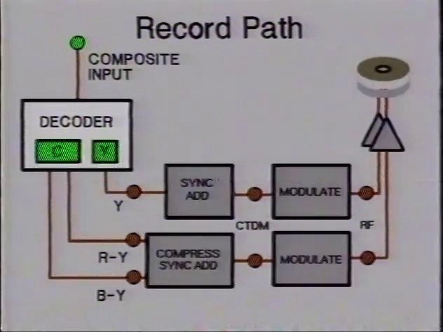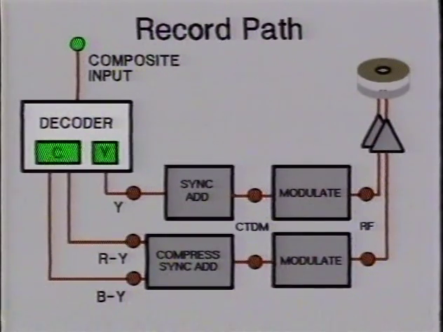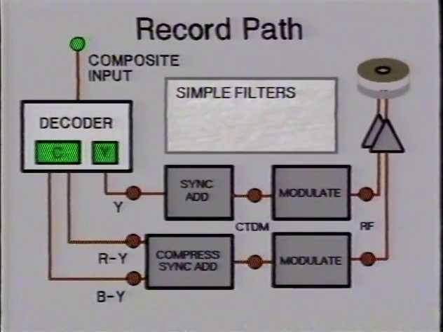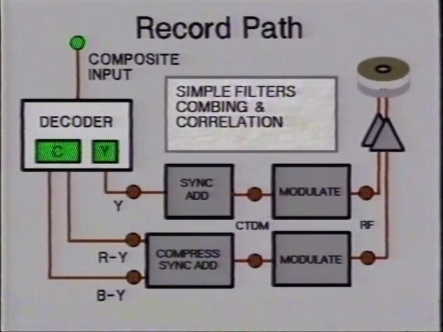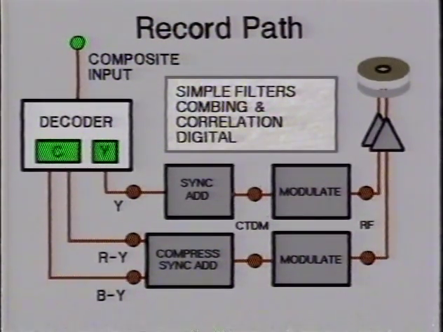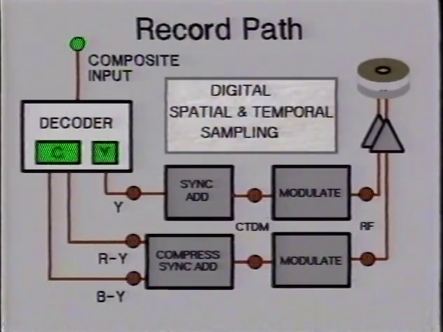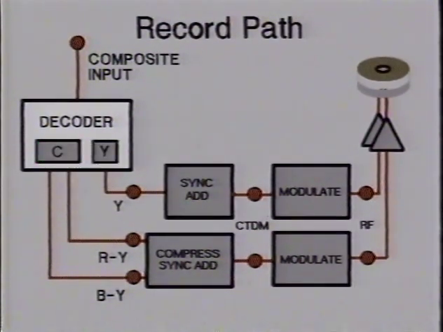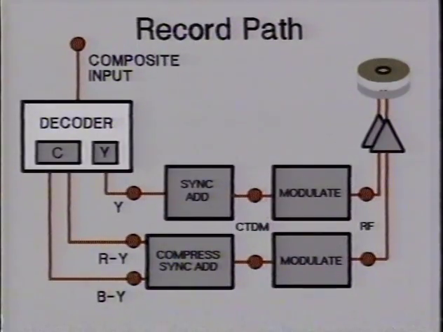The composite signal must first be decoded into Y and C. This can be done with simple filtering techniques or using differing degrees of combing and correlation. The ultimate way is digital decoding, using both spatial and temporal sampling. All these methods are available within Betacam.